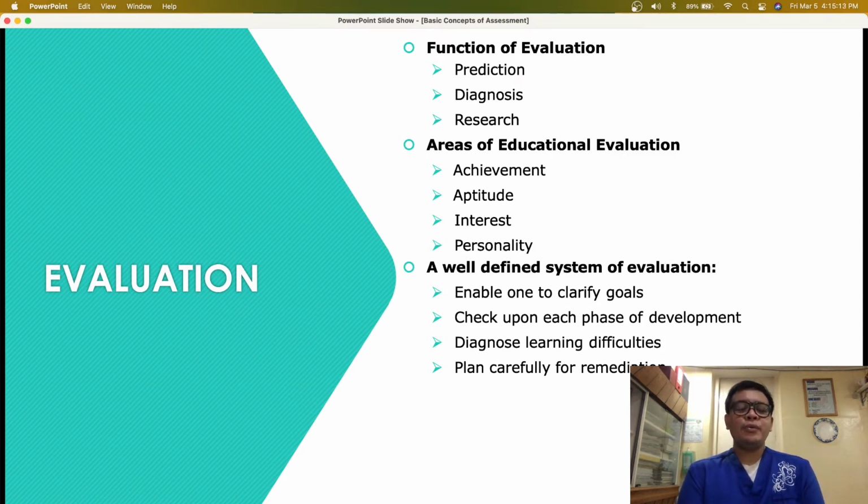And if we incorporate evaluation as a well-defined system, we're making sure that the development of the students is being noted and that their goals are being clarified as well. And if there are any things that we have to consider, we have to provide a remedy for it, as well as for the things that we have to diagnose in terms of learning difficulties.